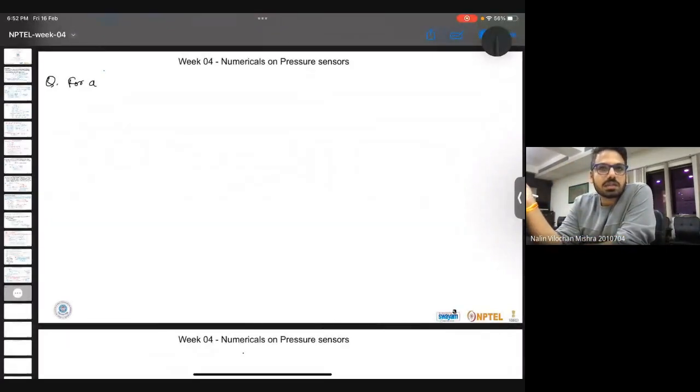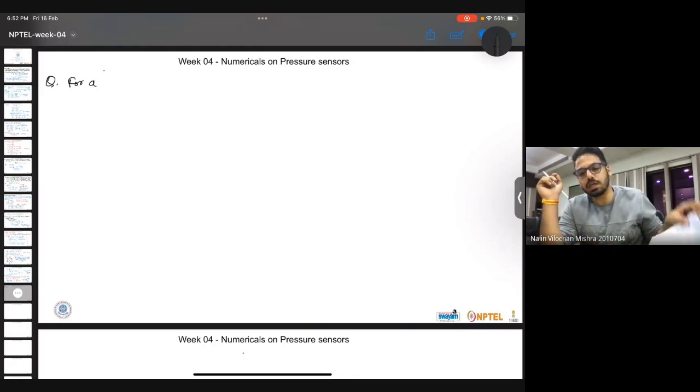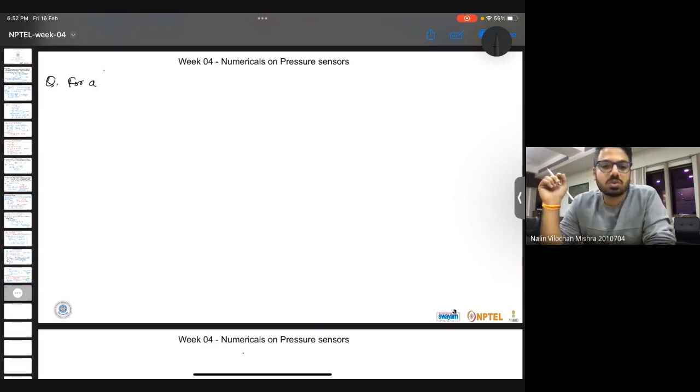Like in the case of capacitance, we have epsilon A by D. So if there is any change in the distance D, it should be D minus Z or D plus Z only. In this piezoresistive case, there are some formulas you need to learn, I agree, but it is only for week 4. But for all the other weeks, I don't think there are so many formulas. You can easily remember them if you practice some numericals. That's what I feel.